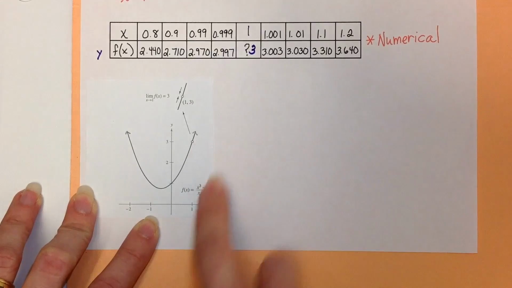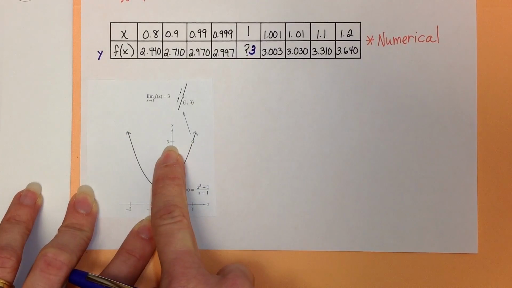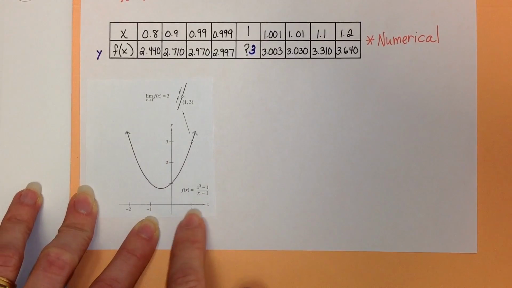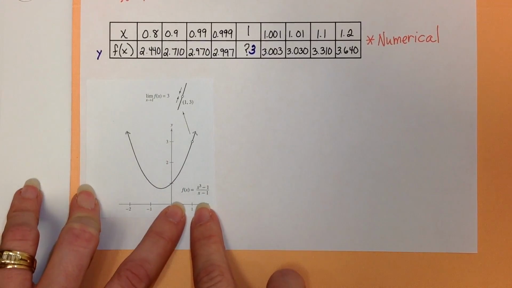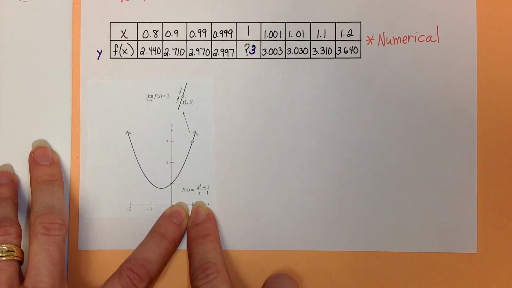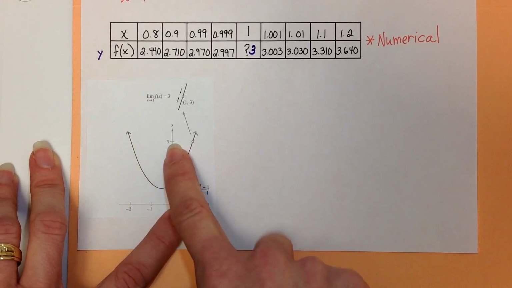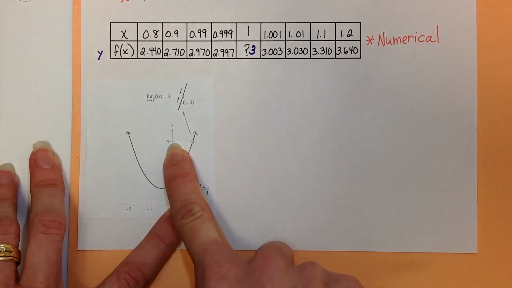Where this hole is, you'll notice your x value is 1 and your y value is 3. So, as x approaches 1, remember I said your answer is always a y value, as you approach 1 from both sides, what y value are you closing in on?